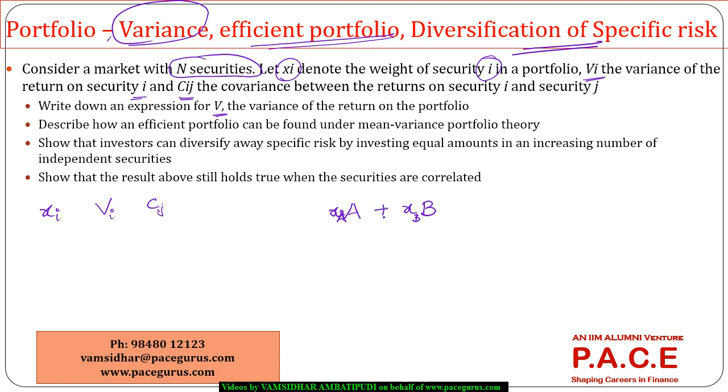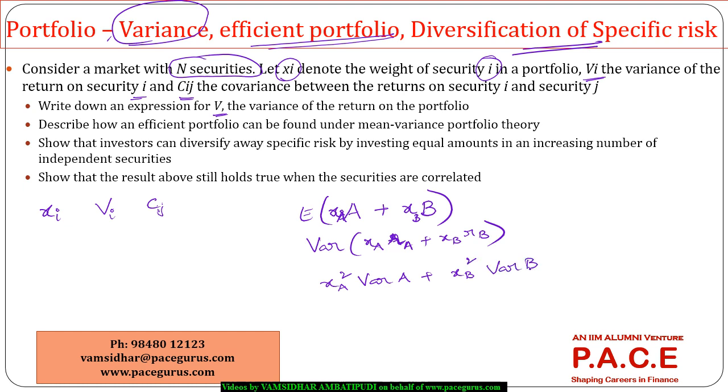The expected return is like this, whereas the variance of this return, XA times the return of A plus XB times the return of B, is XA squared times the variance of A plus XB squared times the variance of B plus twice XA XB times the covariance between A and B. This is the formula that we had.